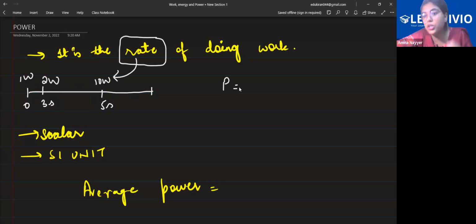How much work you are able to do. Humans also have power, right? Humans also have power because they also do some work. Their muscular activity also does some work. So we say a person is more powerful. How can we say that? If a person lifts heavy weight, we say it's powerful. Why? Because there is a displacement.